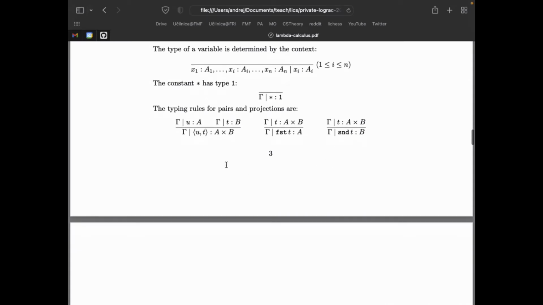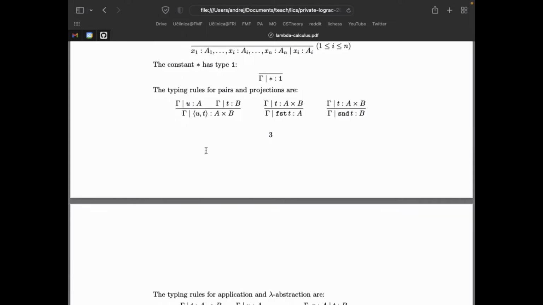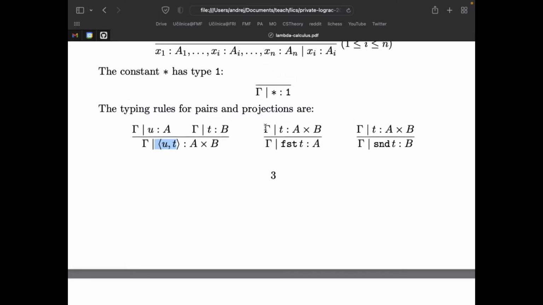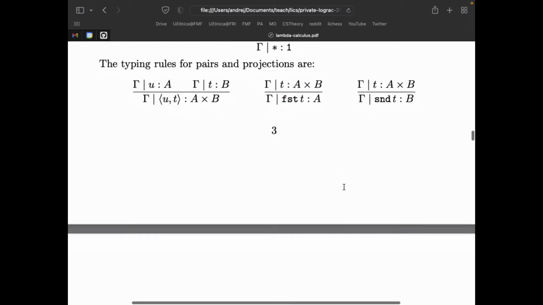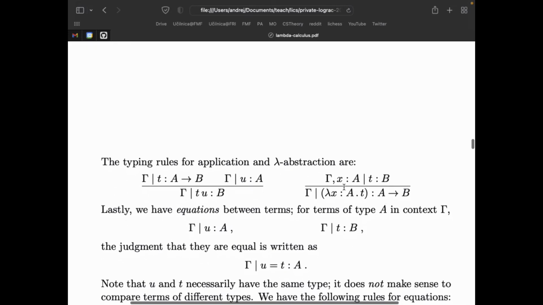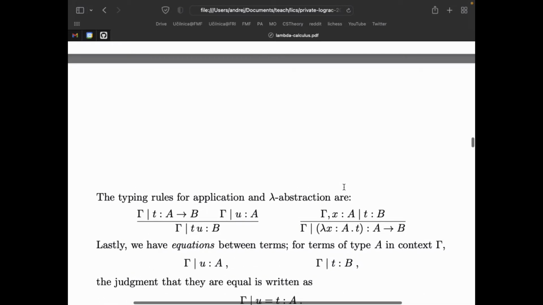Okay. So here are now the rules for pairs. If u has type A and t has type B, then the pair (u, t) has type A cross B. If t has type A cross B, then first of t has type A, and second of t has type B. These are not surprising, I hope. Then we have functions.